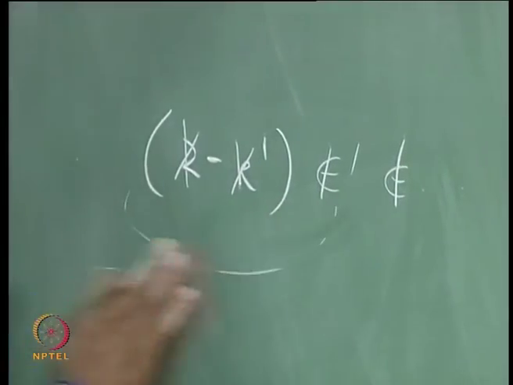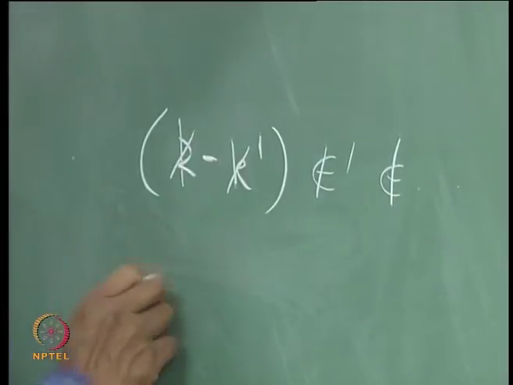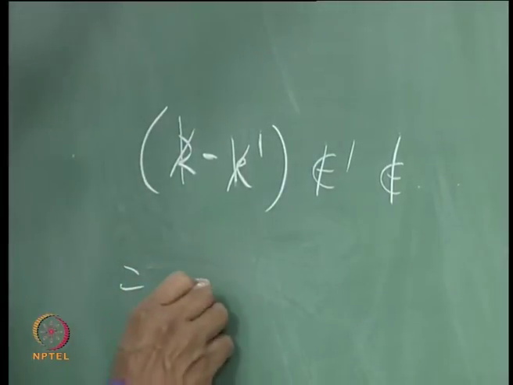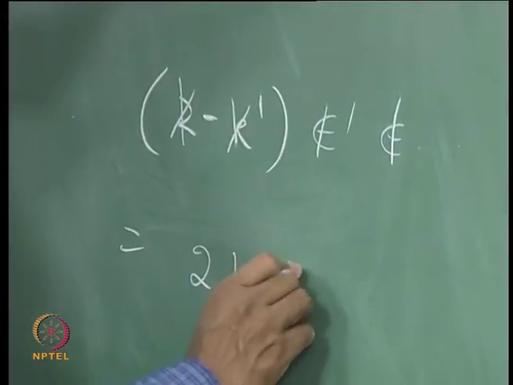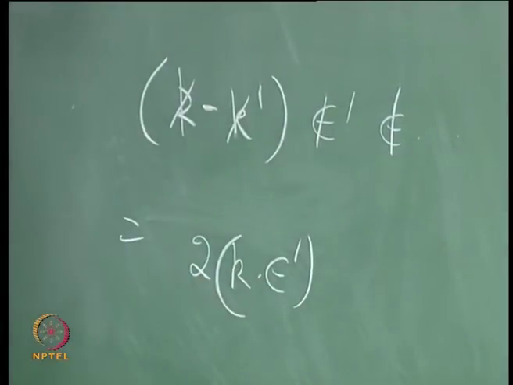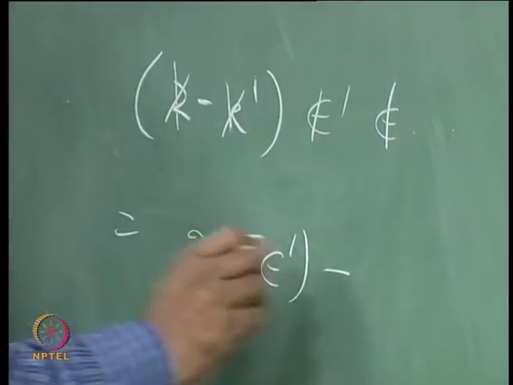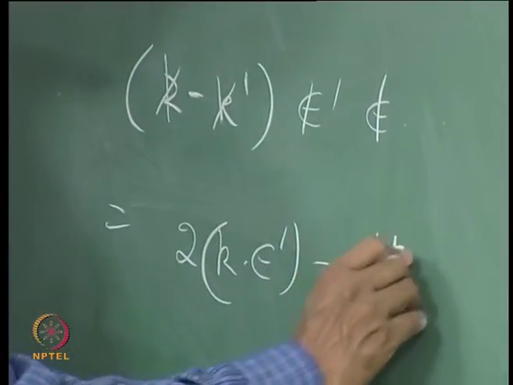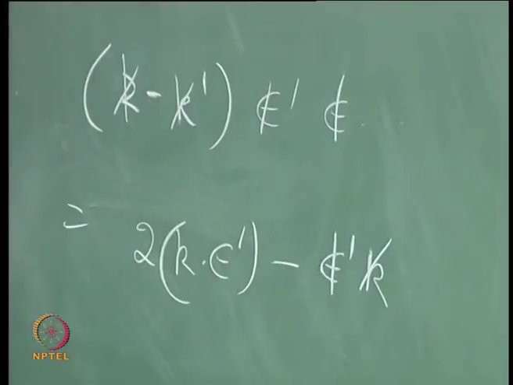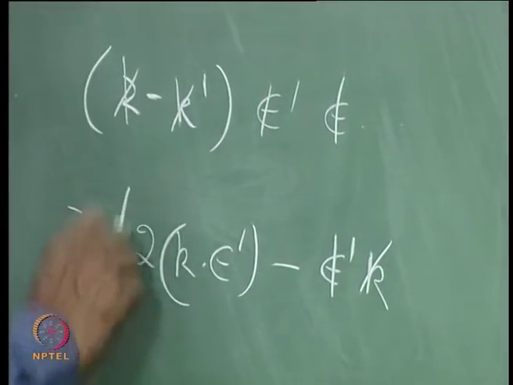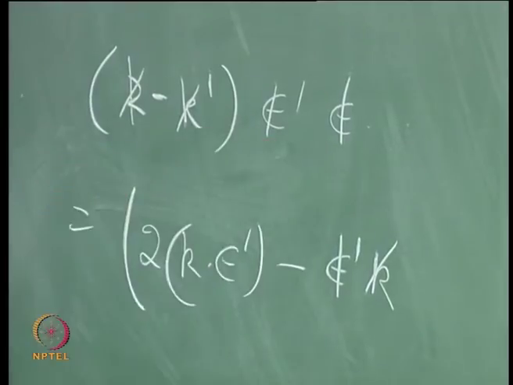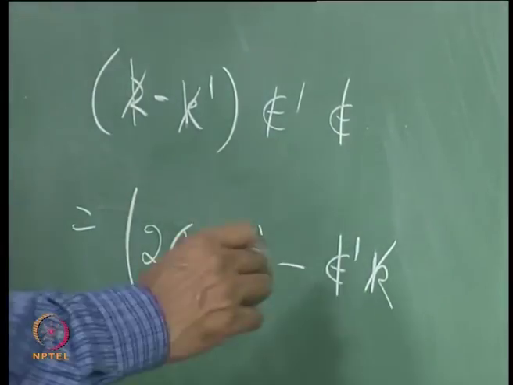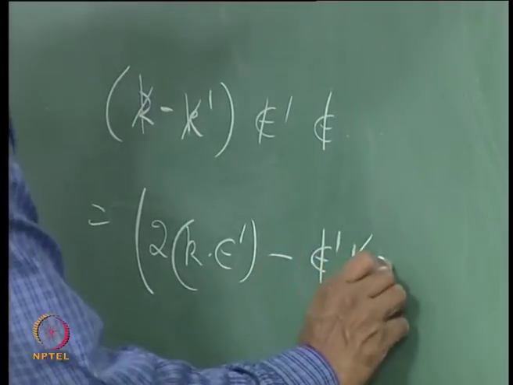Then what you will get, the first term will have twice k dot epsilon prime minus epsilon prime slash k slash, and here k prime slash epsilon prime slash is simply epsilon prime slash k prime slash with a minus sign.